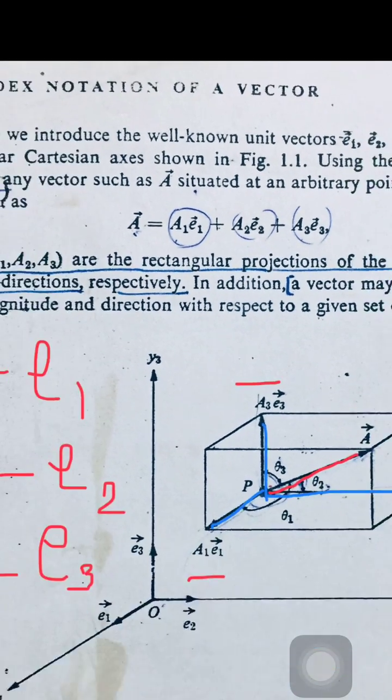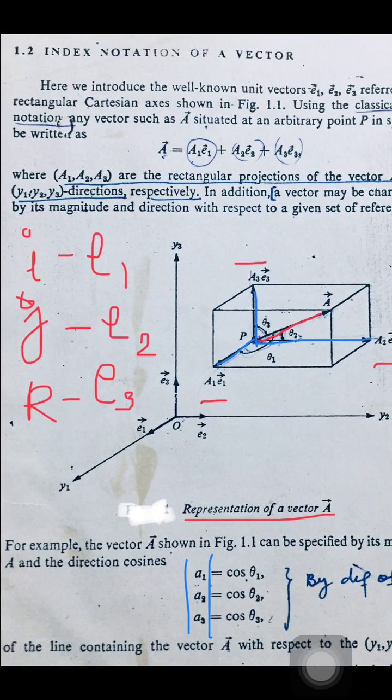This is the one change in continuum mechanics: ijk changed to E1, E2, E3. E1, E2, E3 are unit vectors of the axes, where A1, A2, A3 are the rectangular projections of the vector.